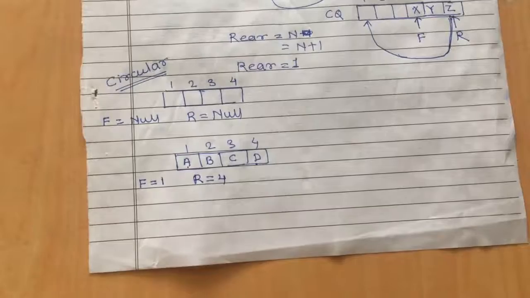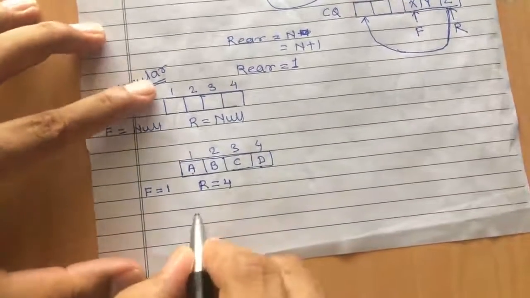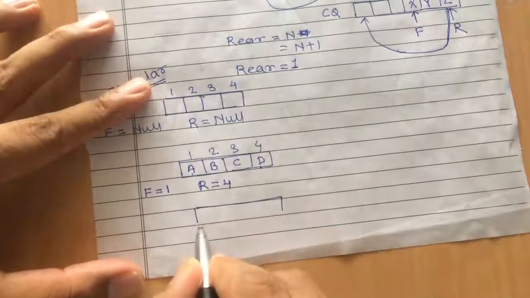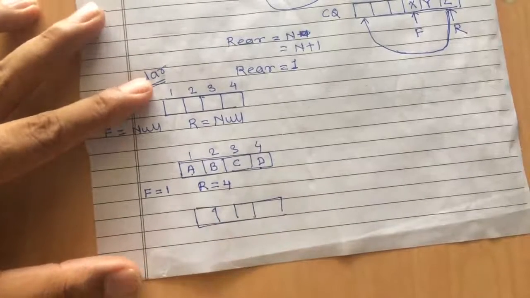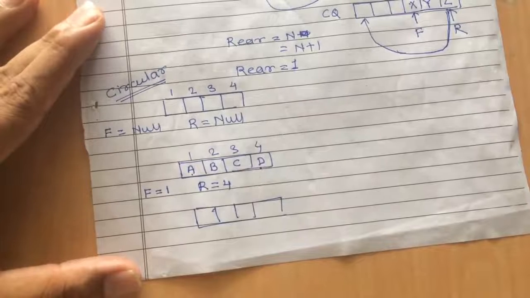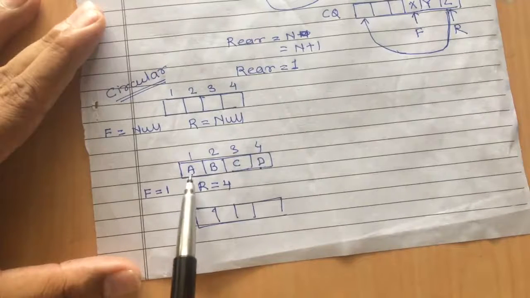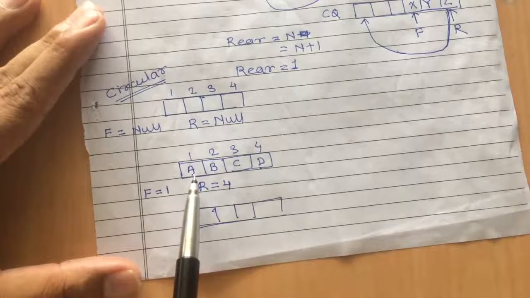Now suppose I want to delete A. By default you have to remove A, because a queue is first in, first out. First I added A, so I have to remove A first.